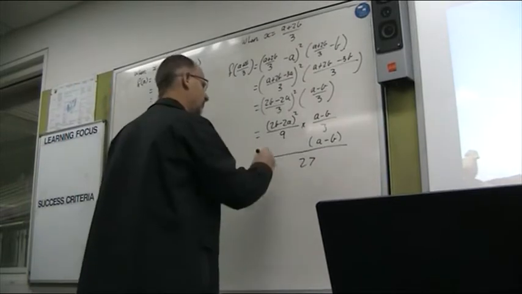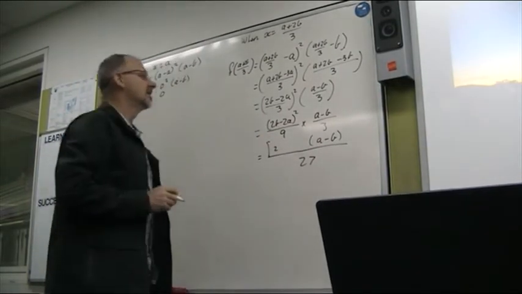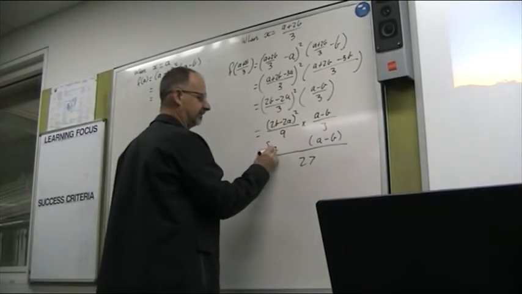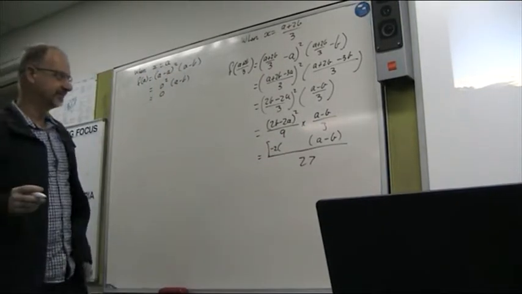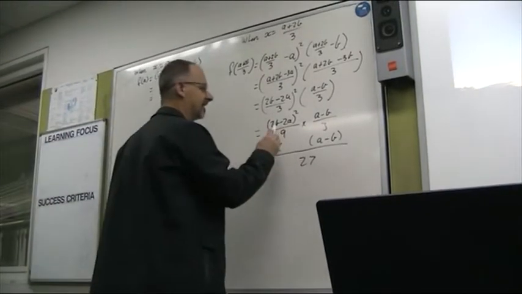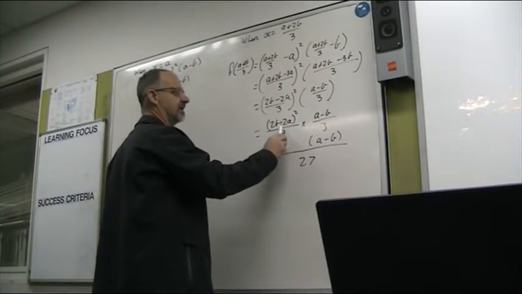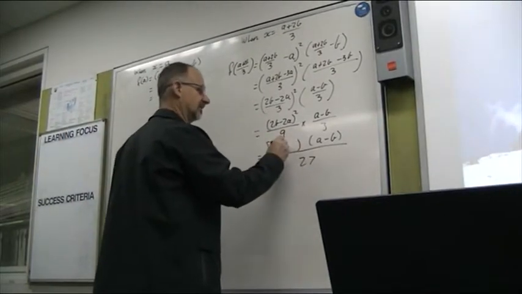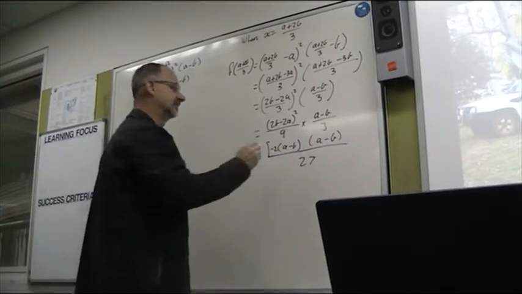They're both 2's. So I'm going to take a 2 out. And I'm also going to take a minus out. You might be thinking, why is he taking a minus out? Because if I take a minus out, what's going to happen here? That becomes a minus b, yeah? Squared.